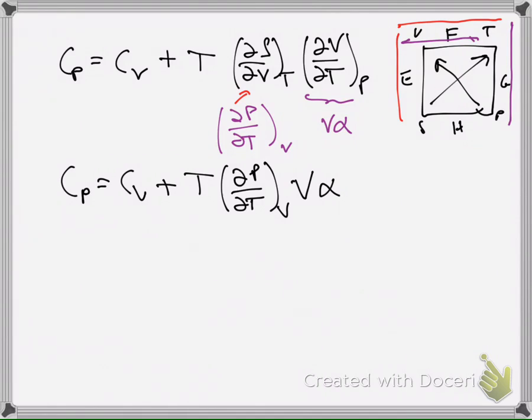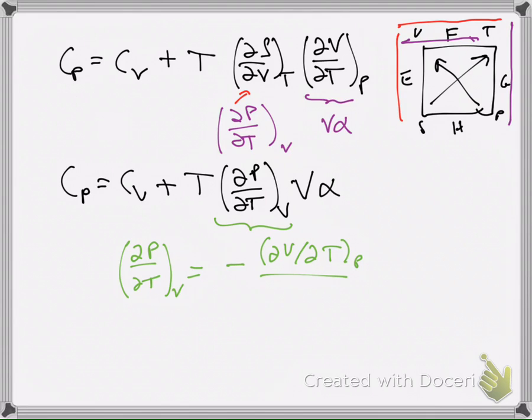We are going to remember that we can rewrite our partial derivative, partial P, partial T at constant V. We're going to use another of our differentiation identities: partial P, partial T at constant V, is negative partial V, partial T at constant pressure over partial V, partial pressure at constant temperature.